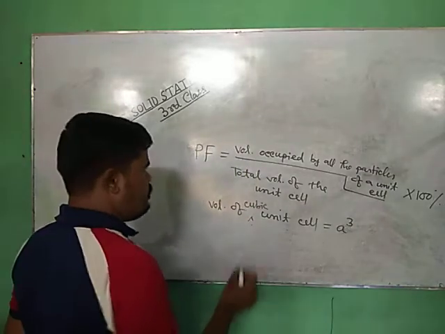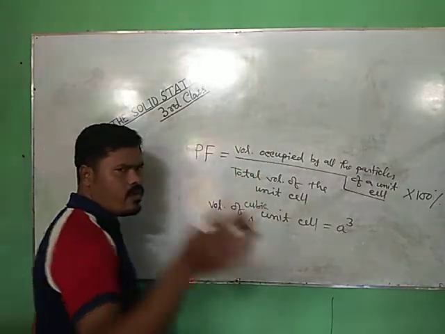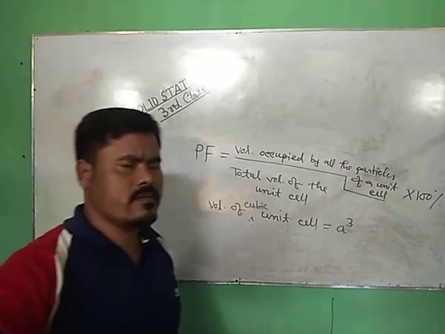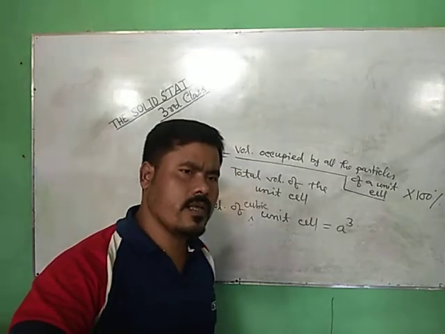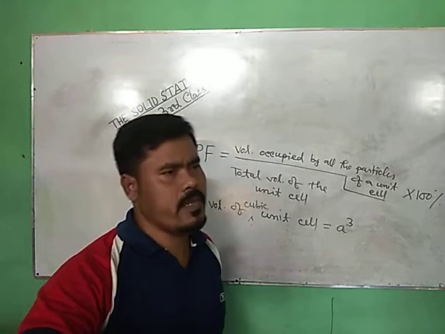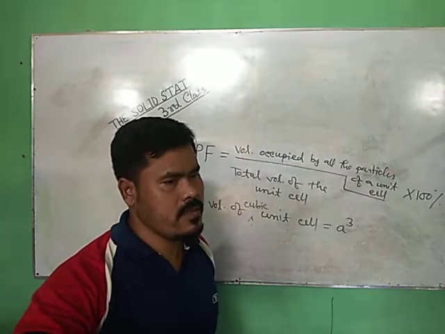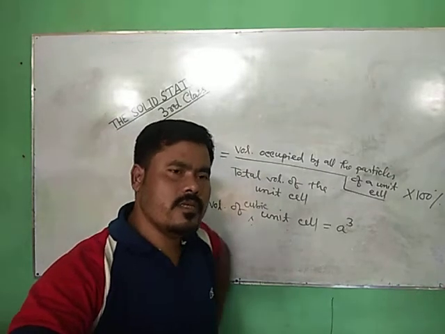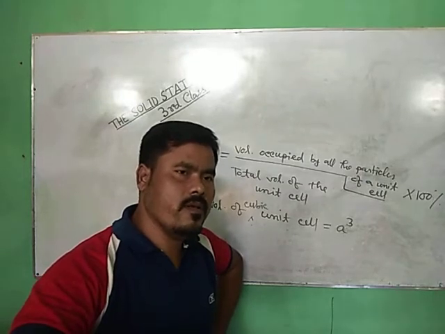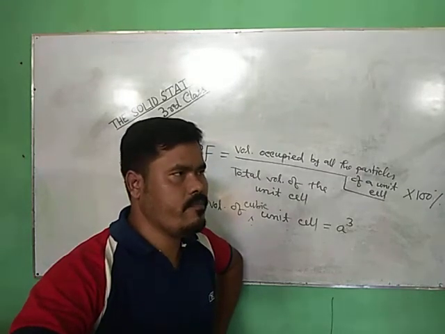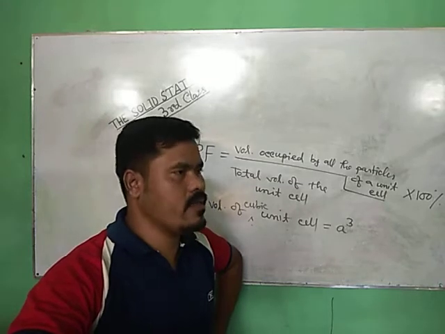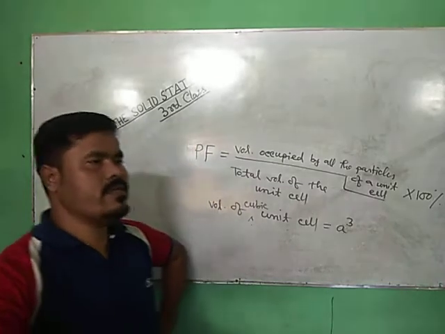See, in my second class we already calculated the total number of particles in different types of unit cells. You know, in the simple unit cell there is only one particle. In FCC, face centered cubic unit cell, 4 particles are there.